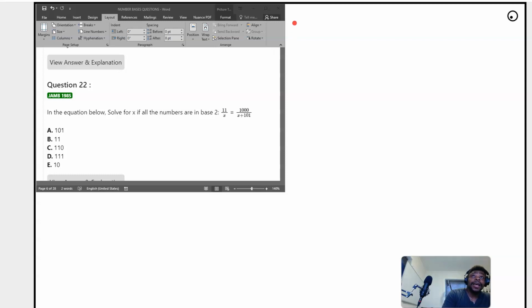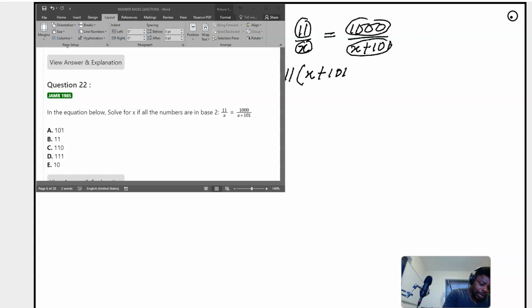So here we are asked to solve for x. We have 11 over x is equal to 1000 divided by x plus 101. We're asked to find x and the numbers are in base 2. So normally you always want to cross multiply, right? This 11 will multiply everything here, and this x will multiply everything here. So 11 bracket x plus 101 is equal to 1000x.